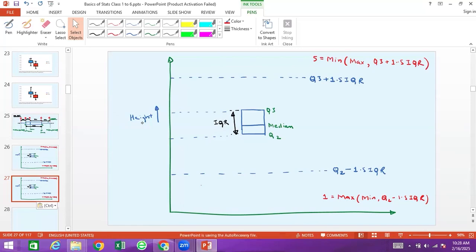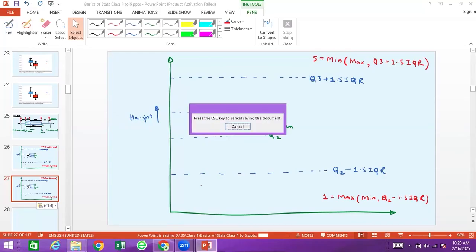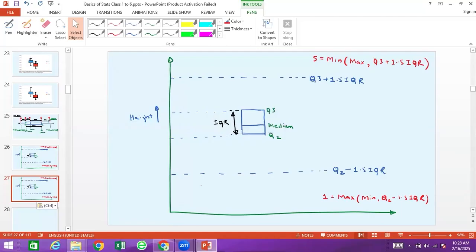So we need not do it on our own, first of all. If your package by default is considering 1.5 IQR as an outlier, then it will itself keep those data points outside. But this is the logic behind it: 25% to 75% values, and we are just multiplying it by 1.5.